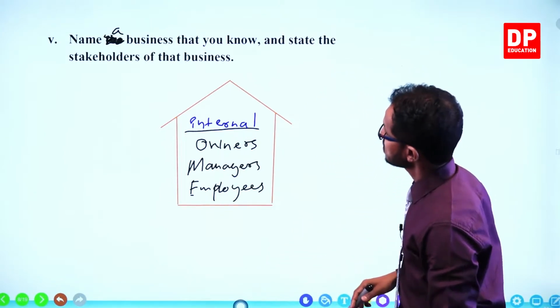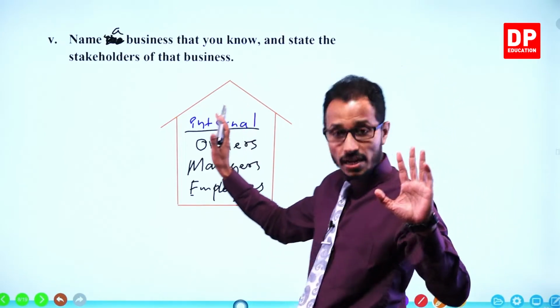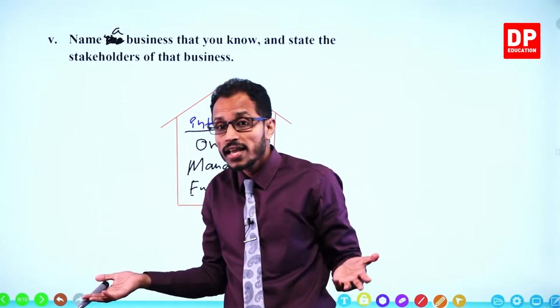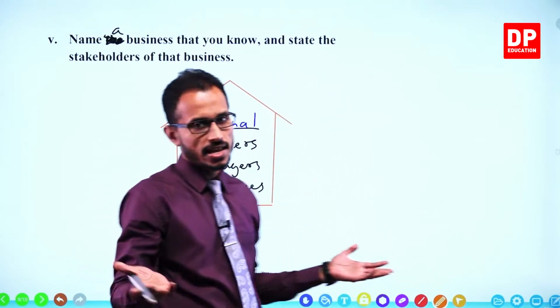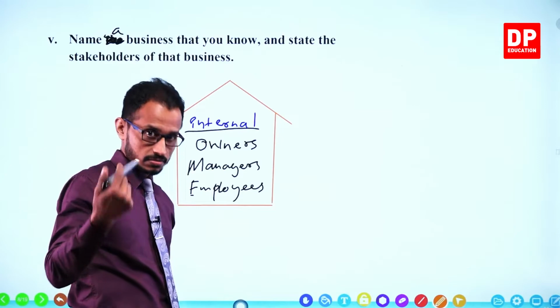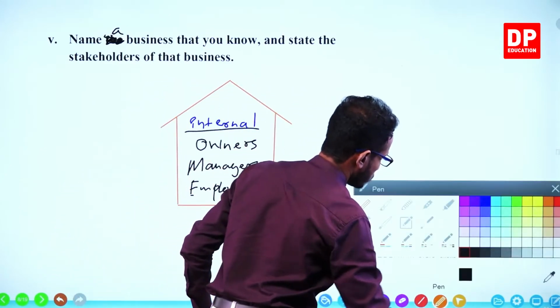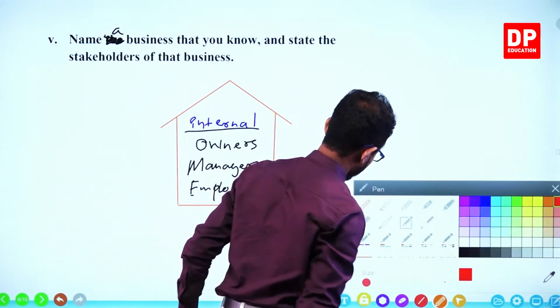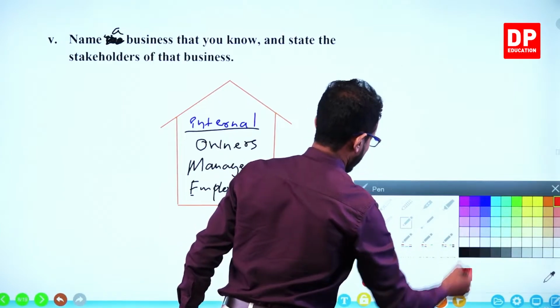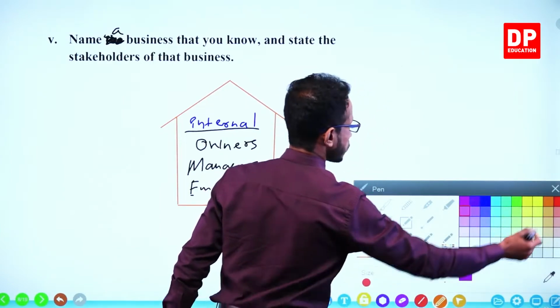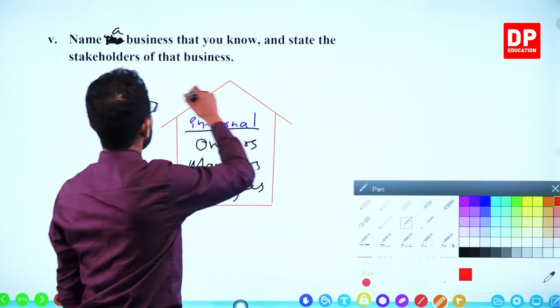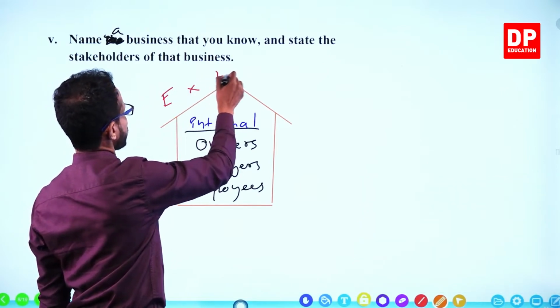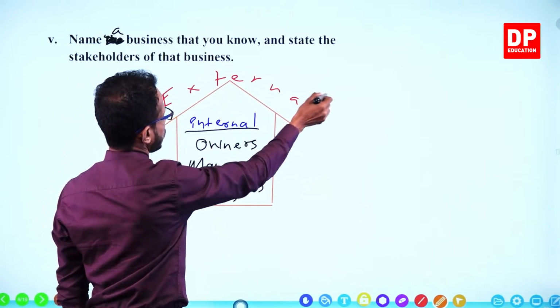Then external, state the stakeholders of that business. You don't have to divide as internal and external, but I'm just doing it for your information, for better understanding. External means outside, external stakeholders.